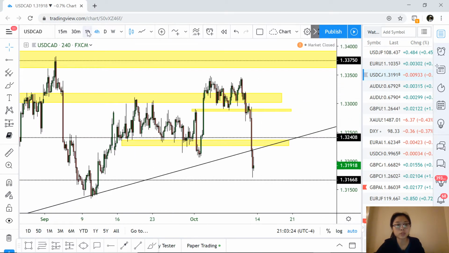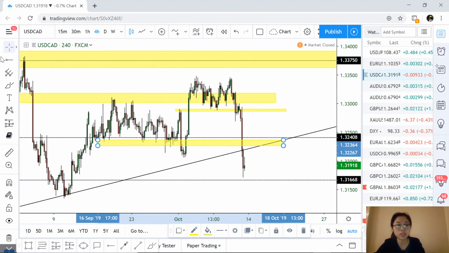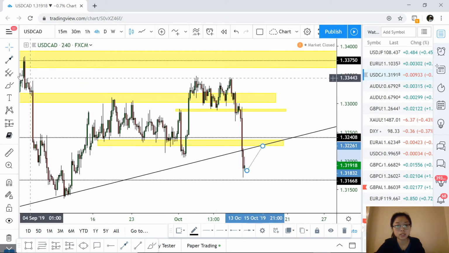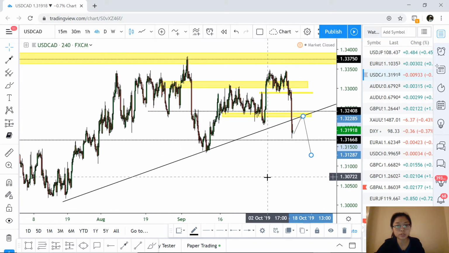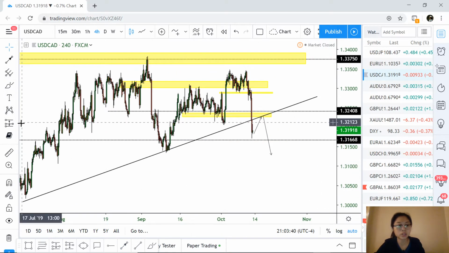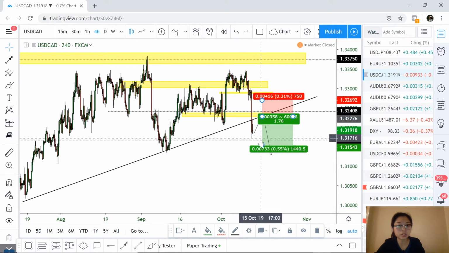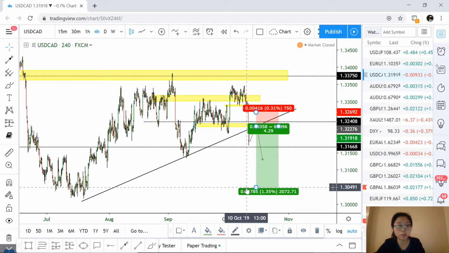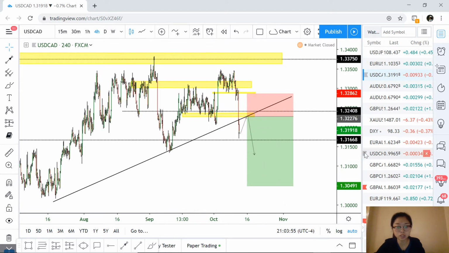So we're looking for a short opportunity once something retraces to my yellow zone here, which is the zone for USD CAD, and also a retest of the trend line. Depending on where you enter, your shorts would see different stop loss levels. However, the bigger or long-term outlook is to the downside, a retest and then short to the downside.